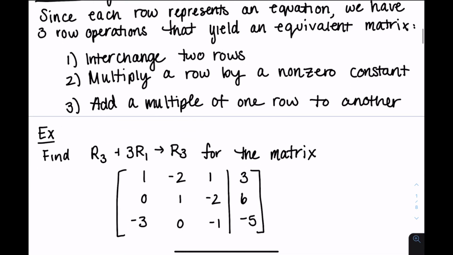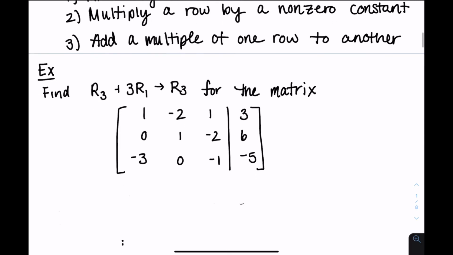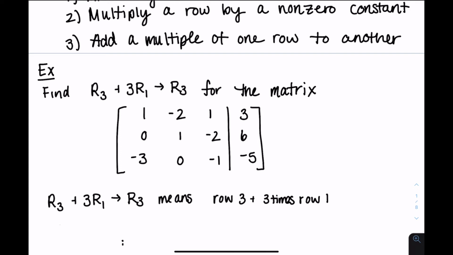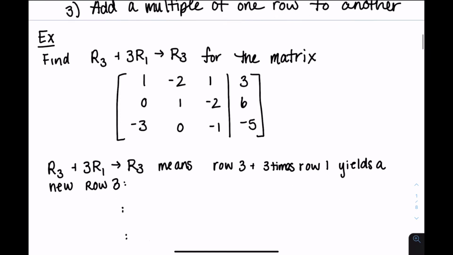So let's get into what this actually looks like in matrix form. We're going to find R3 plus 3R1 yielding R3 for this following matrix. What the symbol represents is that we're going to take row 3, add to it 3 times row 1, and the arrow tells us it's going to yield a new row 3.